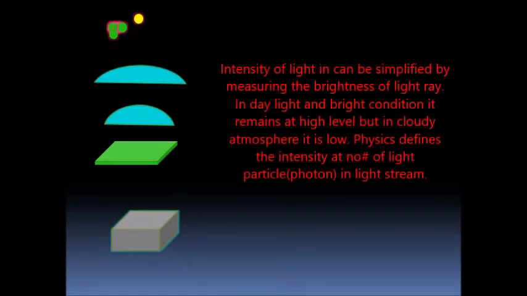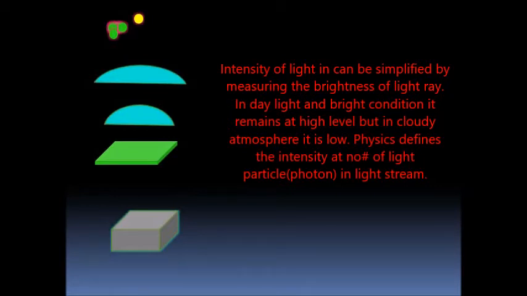Let's consider the light ray that is hitting the image sensor as a bunch of light particles. Generally in terms of science we call it a photon. That defines the intensity of light. So the intensity of light will further decide what number of electrons it will generate when it hits the photodiode.